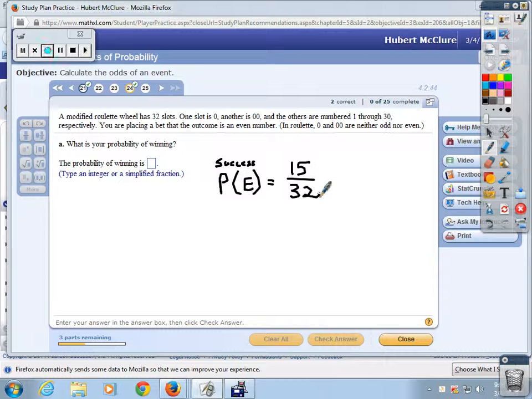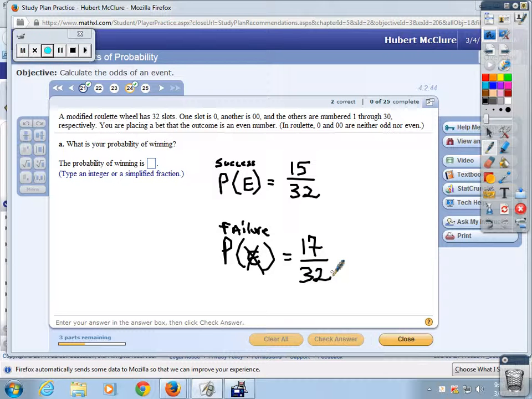The probability of not even, and that's failure, is going to be what? 17 over 32.